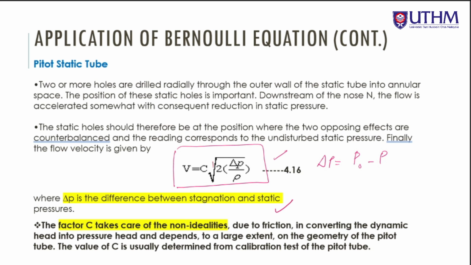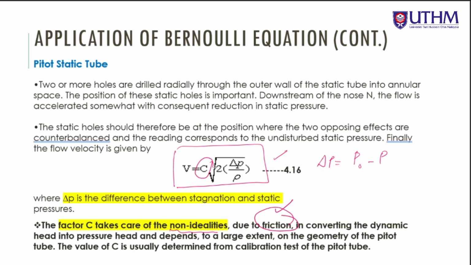And we have an additional factor C here, if let's say the fluid is non-ideal due to friction, which converts this dynamic head into pressure head, and depends to a large extent on the geometry of the pitot tube.